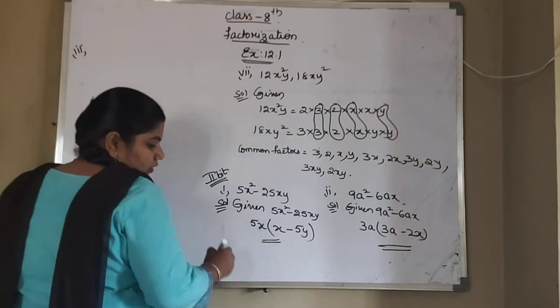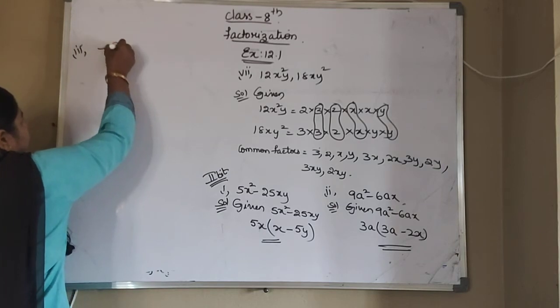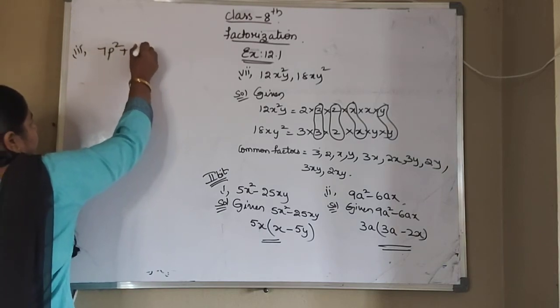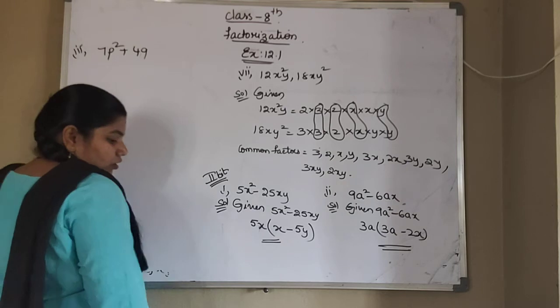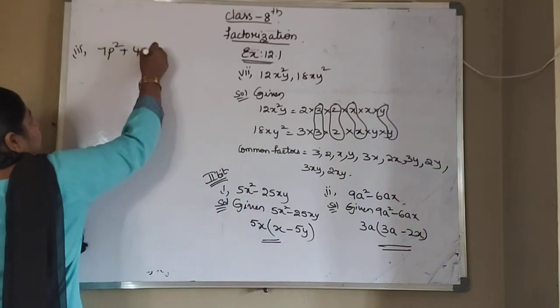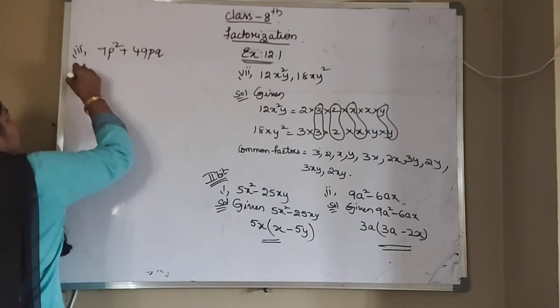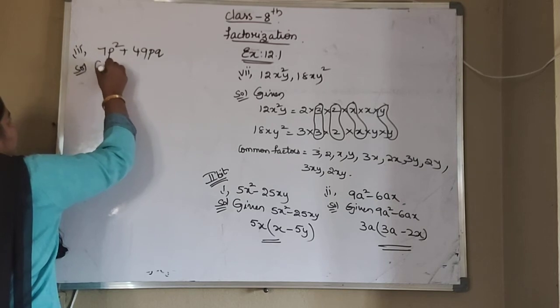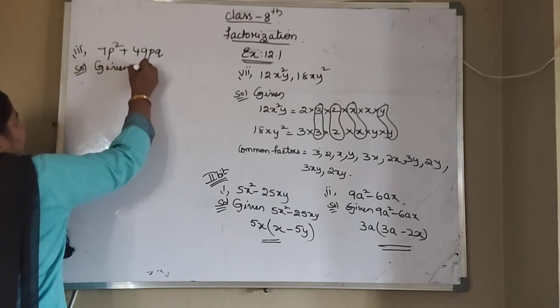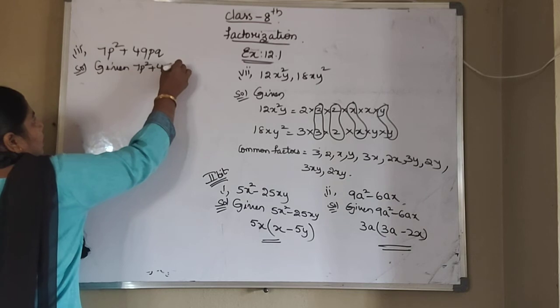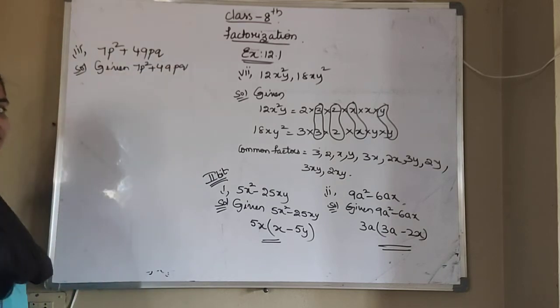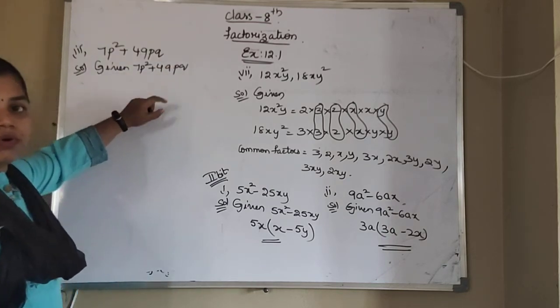Third one is 7p square plus 49p cube q. These two numerical numbers, in which table they will go, we have to check. So 7p square plus 49p cube q. 7 will go in 7 table, as well as 49 will also go in 7 table.